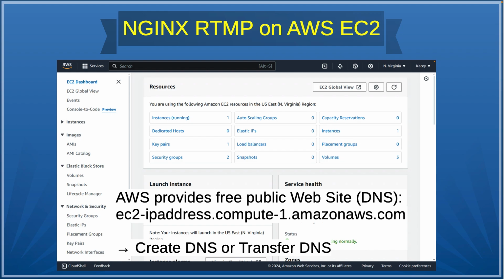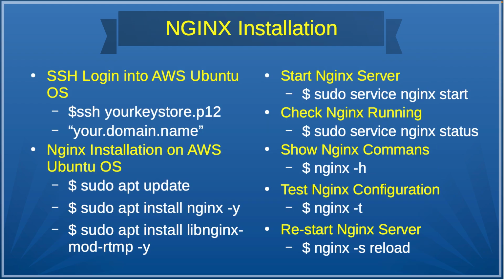And then once you're done, AWS provides a pre-public website name, for example, EC2 IP address, computer1, amazonaws.com. And then you can later create a DNS domain name or transfer a domain name from another web server hosting company.